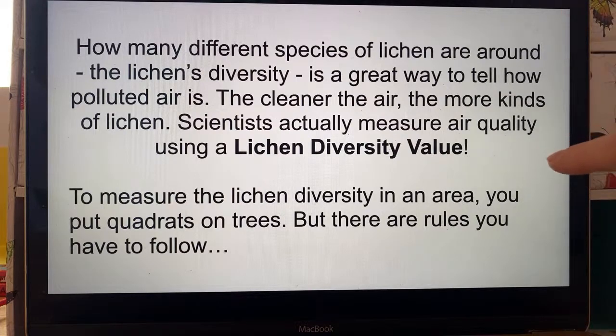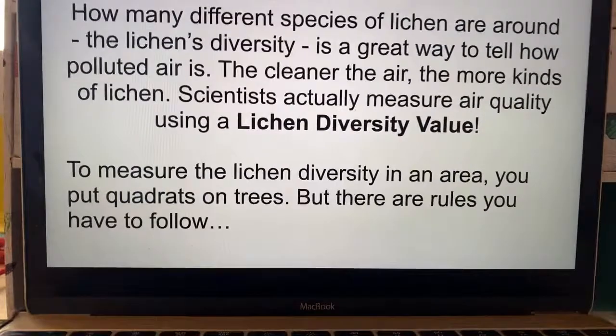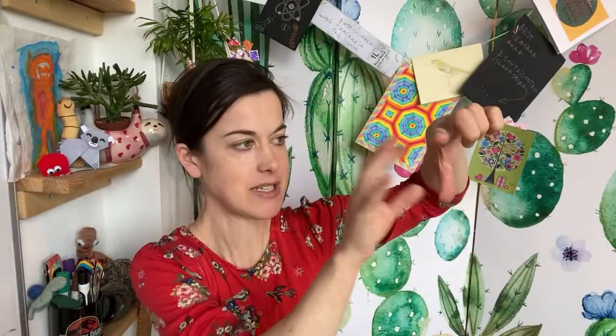I didn't know that scientists have actually got something called a lichen diversity value. So if you want to know how clean the air is in your area, you can scientifically measure the amount of lichen that are around, the lichen diversity, and that gives you a number for how clean the air is. To measure the lichen diversity in an area, you put really small quadrats on trees, measure the amount of different lichen that there are, and that gives you this number.